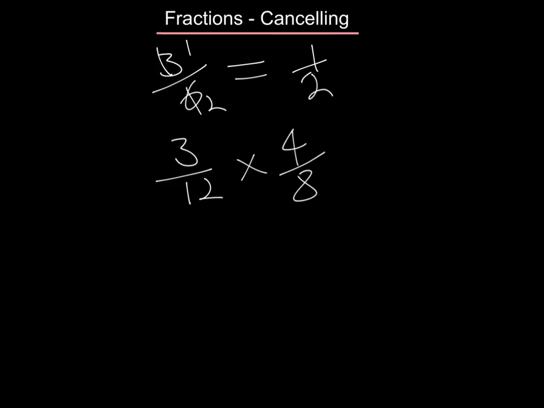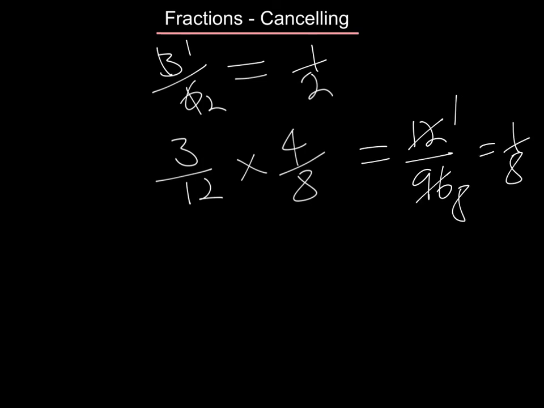So if I multiply first and then cancel, I'll get 3 4s are 12, 12 8s are 96, 12 goes into 12 once, 12 goes into 96 8, so I get 1/8.